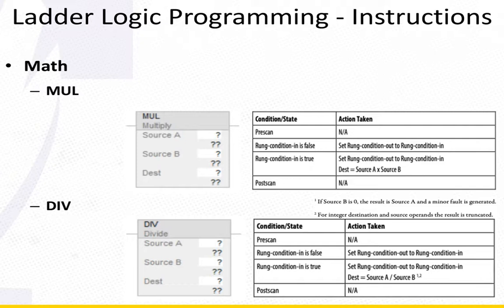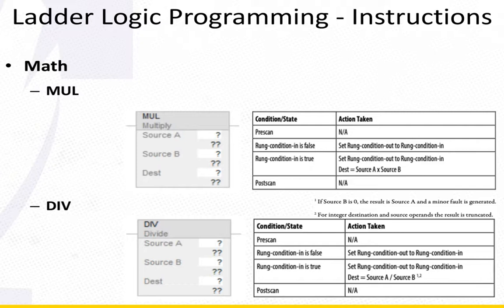If you do 3 divided by 4 and you're attempting to store that into an integer destination, the result will be not 0.75 because 0.75 can't be stored in an integer. And it won't be 1 because it doesn't round. It'll be 0. So 3 divided by 4, if you attempt to store that in an integer, will be 0.